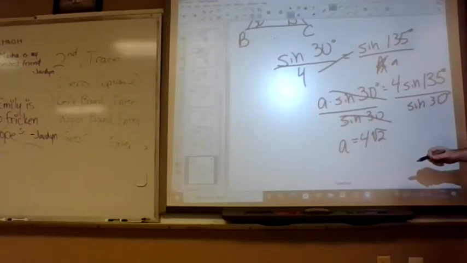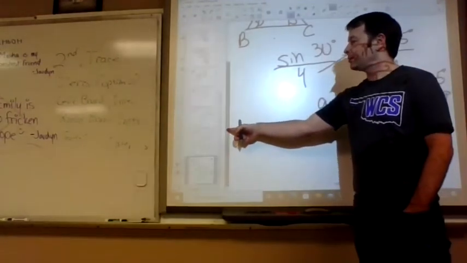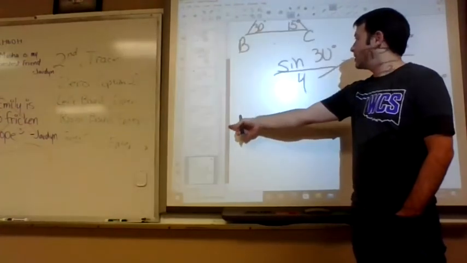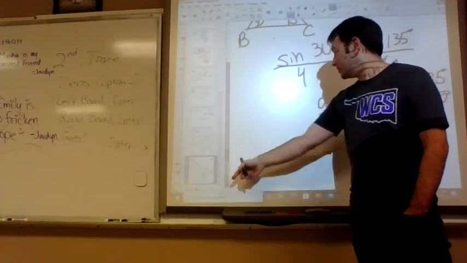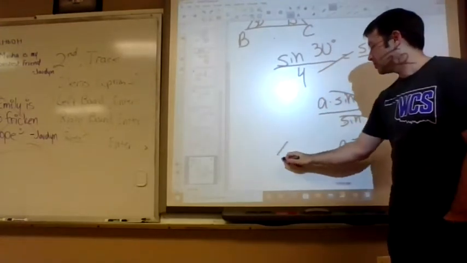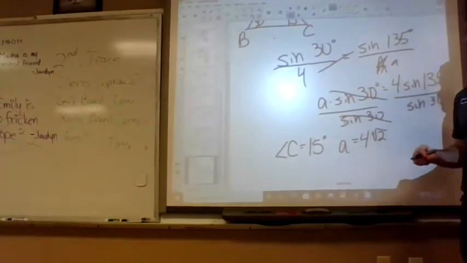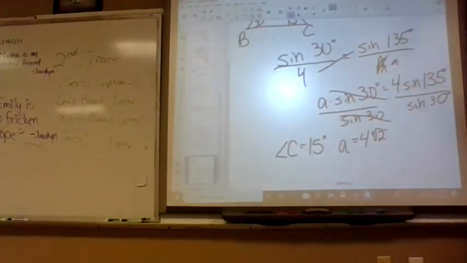A. But that's not it, right? There's 3 angles, or 3 answers on all these. I never wrote down angle C equals 15 in my answer, so we'll just put it. So you're trying to find all the missing parts, 3 angles and 3 sides.